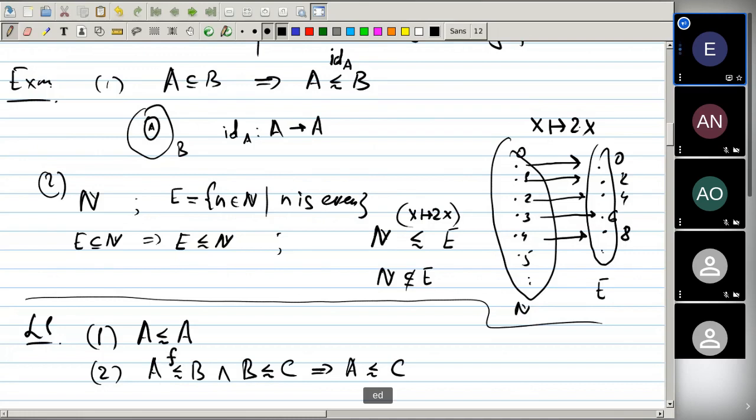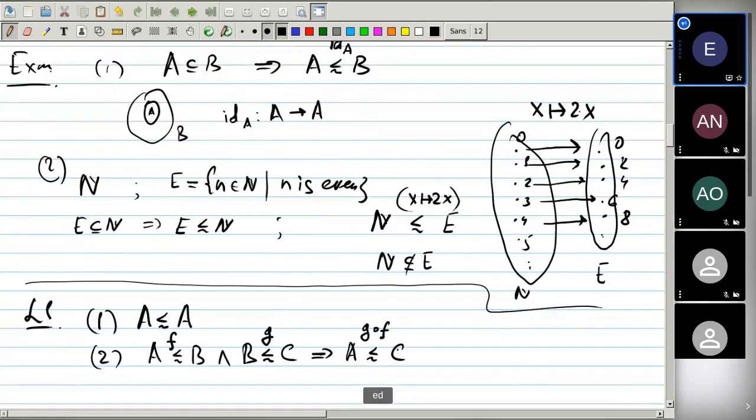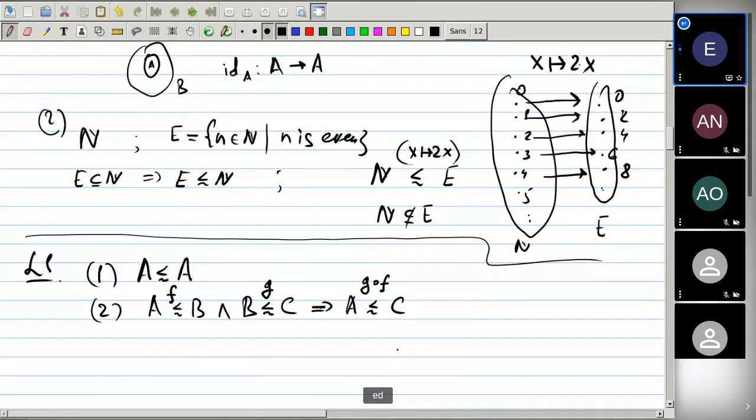Assume that we have an injection F from A to B, and an injection G from B to C. Is it necessarily the case that we have an injection from A to C? Yes, their composition. We know quite well, or at least we should know, that a composition of two injective functions is an injective function.